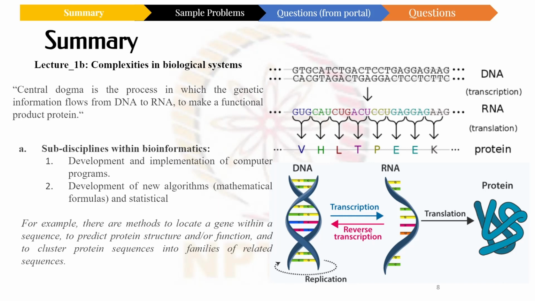Followed by that, we have structural bioinformatics, which helps in analyzing and predicting the three-dimensional structures of biological macromolecules such as proteins and nucleic acids. Followed by that, we have functional genomics, which seeks to understand the role and functions of genes and proteins, along with their interactions. Other subdisciplines include phylogenetic analysis, systems biology studies, metagenomics, pharmacogenomics, and many more.